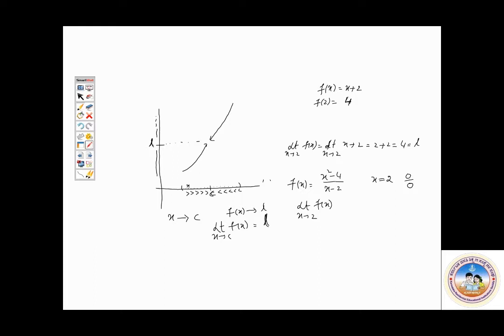All the results we have discussed in limits are important in our present chapter on continuity also. So therefore, limit of f of x as x tends to 2 is given to be 4, that is L, where f of 2 is not defined in this case.